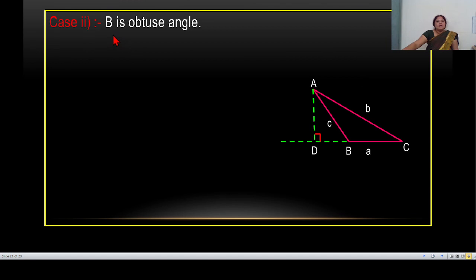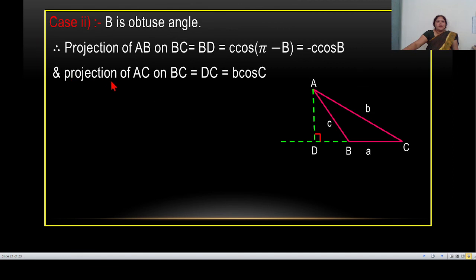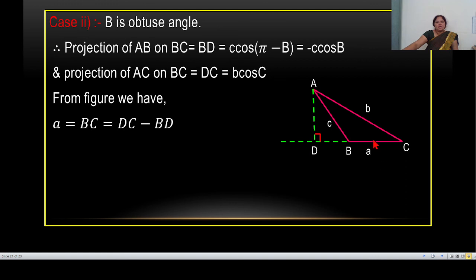Case second, B is an obtuse angle. Projection of AB on BC equals BD. Therefore, BD equals c cos(π − B) equals −c cos B. And the projection of AC on BC equals DC equals b cos C. From the figure, we have a equals BC equals DC minus BD.